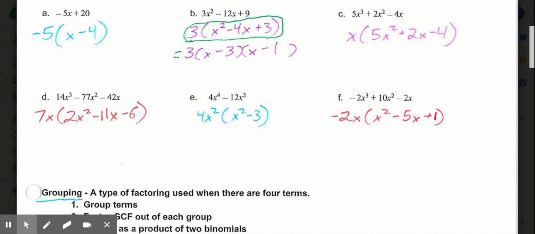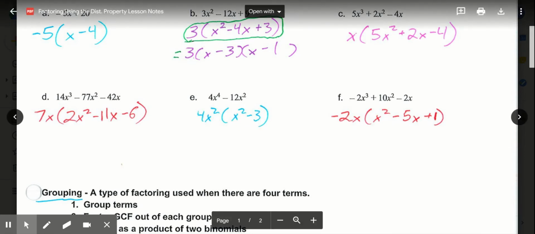In E, we have 4x to the fourth minus 12x squared. Each of these has at least an x squared in it, so I'm dividing out the x squared along with the 4. My greatest common factor is 4x squared. If I divide each piece by 4x squared, on the inside of the parentheses I'm left with x squared minus 3.